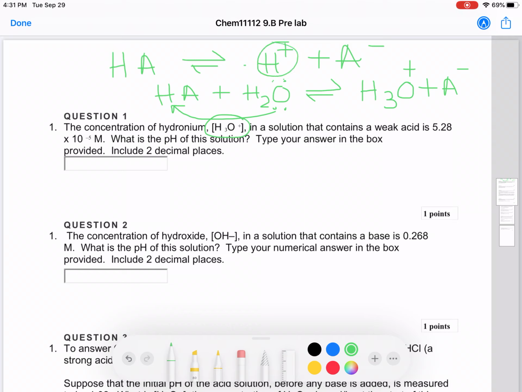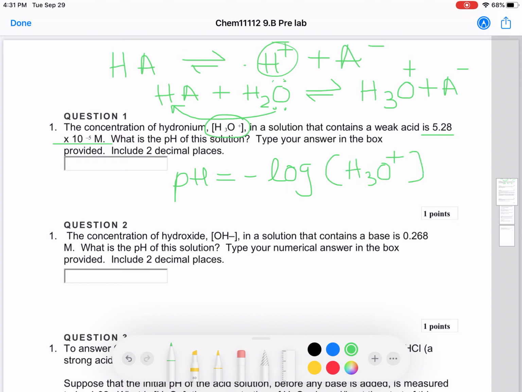Okay, so this is a weak acid, and the concentration of hydronium ions is given as 5.28 × 10^-5. What is the pH of the solution? It's easy, right? We can find the pH of the solution with this form: pH equals negative log of H3O+.